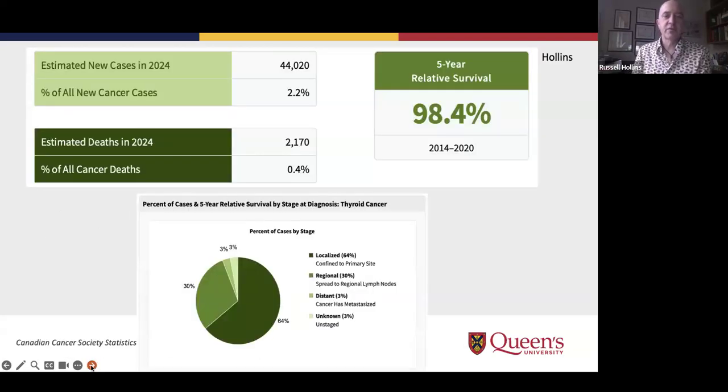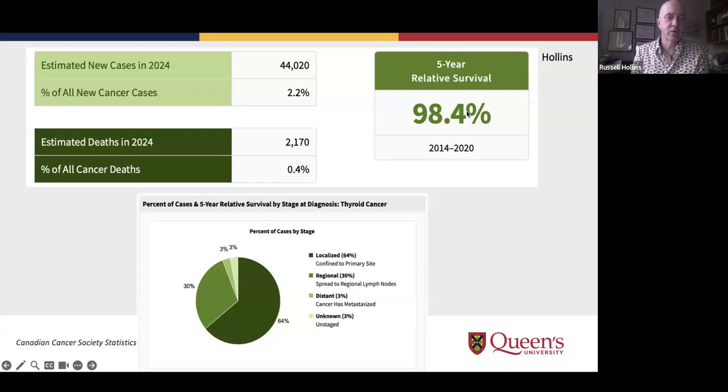This is some data from the Canadian Cancer Society statistics. So of the thyroid cancer cases that were discovered in 2024, the estimated 5-year survival for all thyroid cancers is 98.4%.